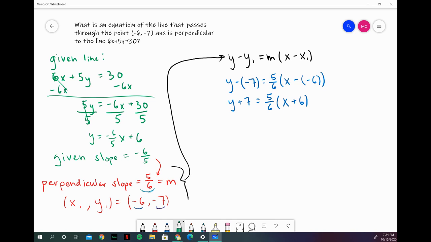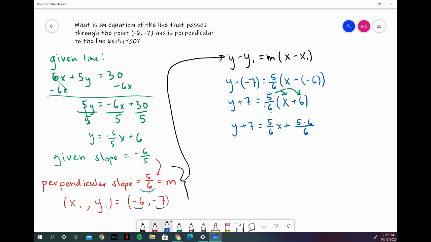Now I'm going to distribute this whole fraction into the parentheses. So I'm distributing this entire 5/6. When I do that, that gives me y + 7 is equal to 5/6 times x plus 5 times 6/6.